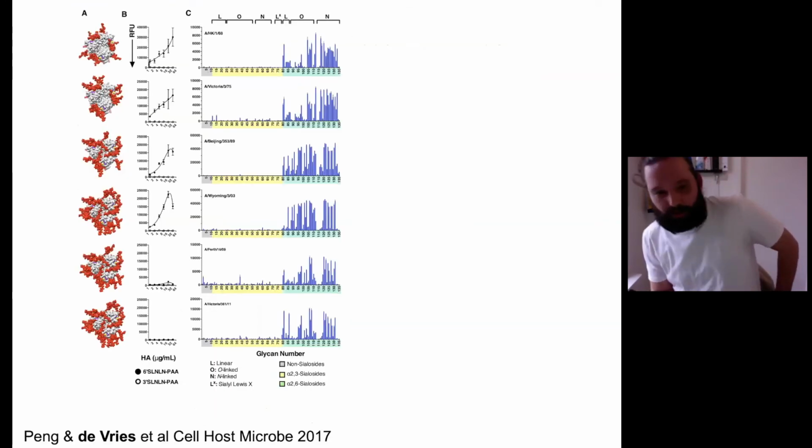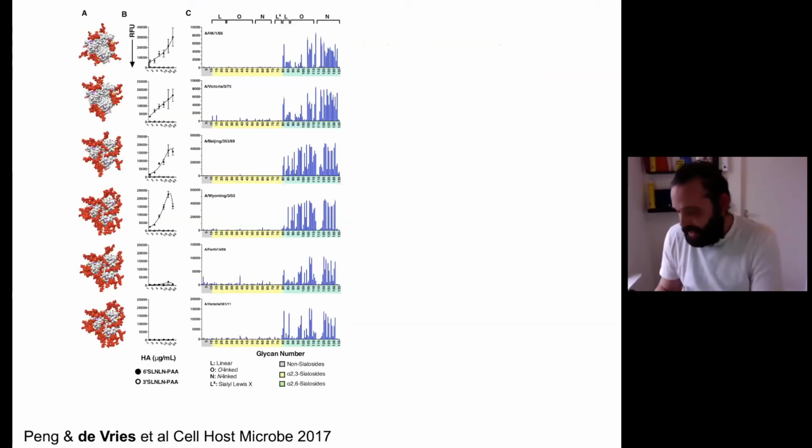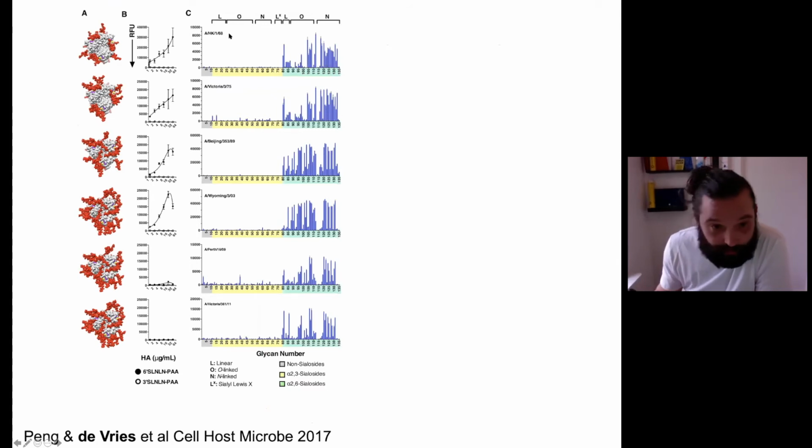I started to work on this while I was in the Boston group, and there we started with analyzing different H3 proteins. These are proteins from 1986, 75, 89, 03, 09, 2011. This was originally submitted in 2014.